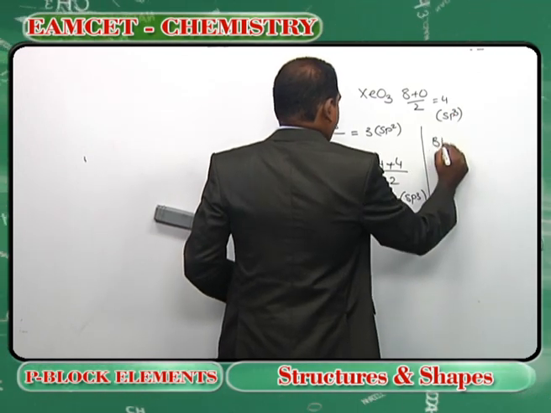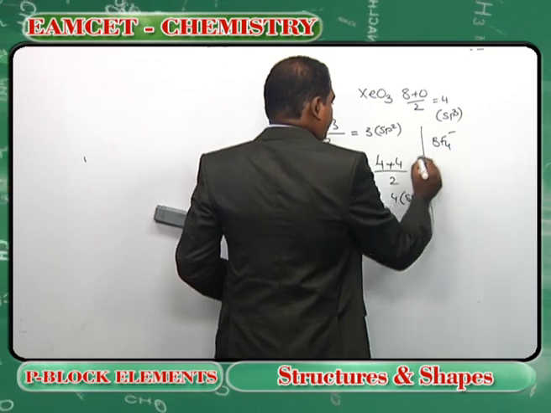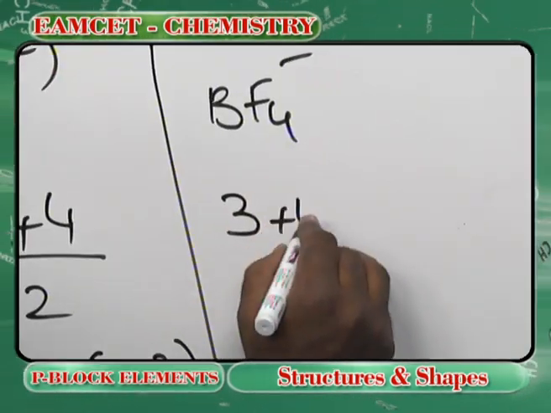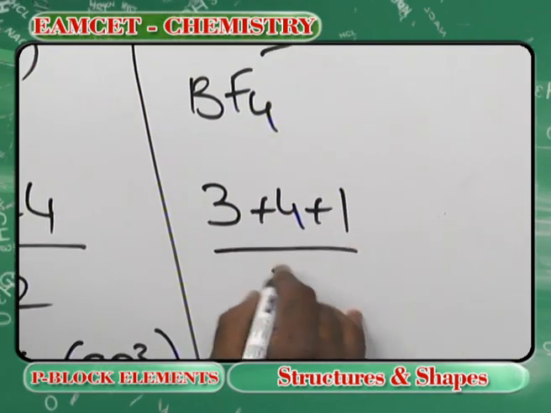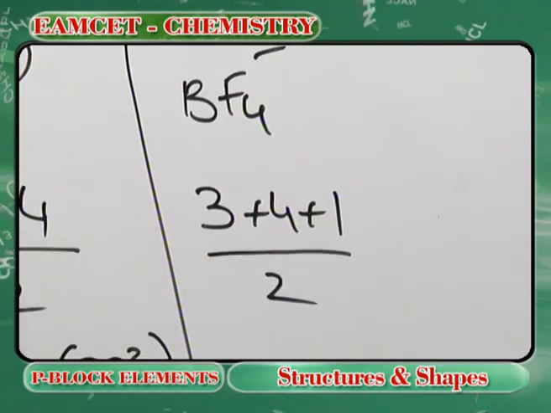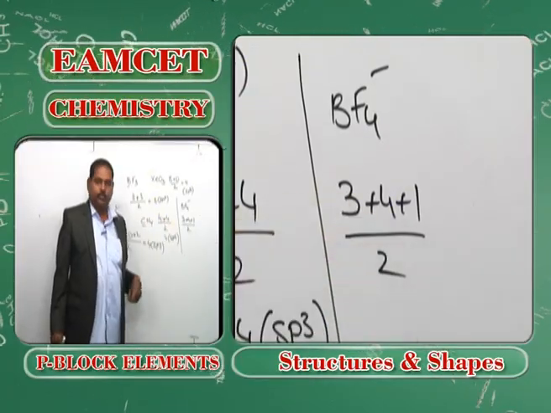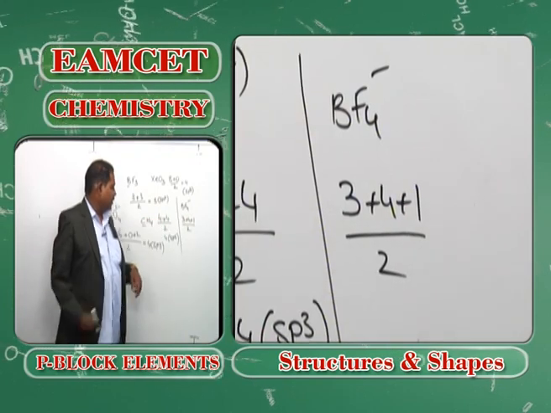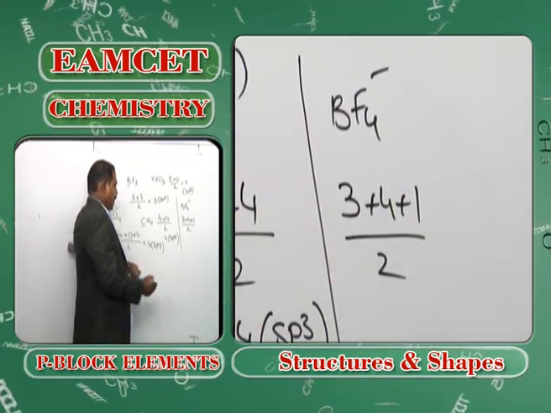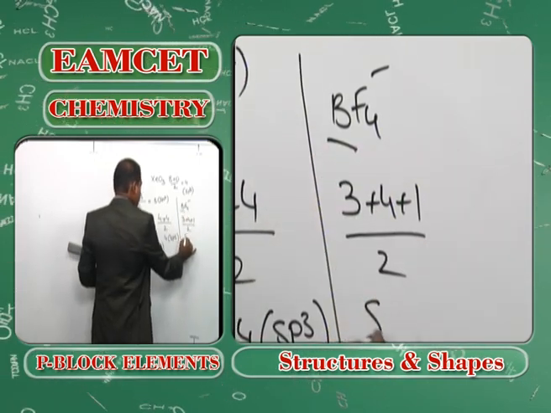BF4 minus once again. Boron belongs to third group, 3 plus 4 plus 1 by 2. I repeat, if you have a negative charge, you add the charge, 3 plus 4 plus 1 by 2, and effectively you get 4, and that once again is sp3. The hybridization of boron in BF4 minus is sp3.